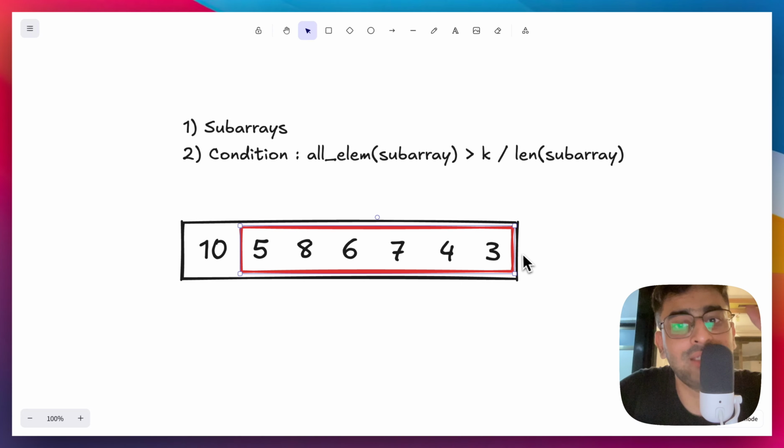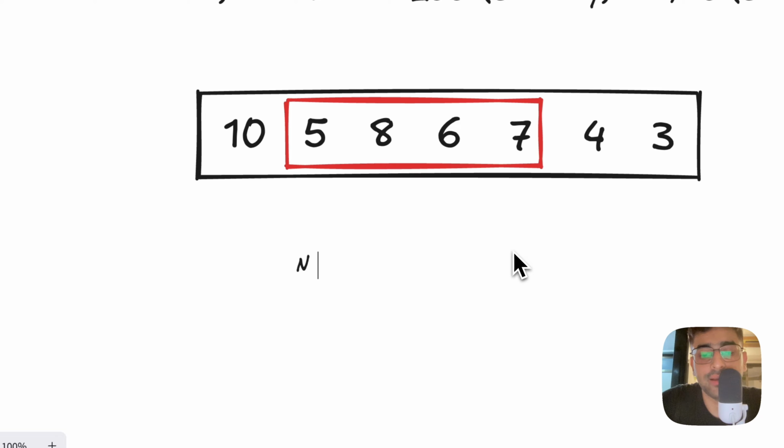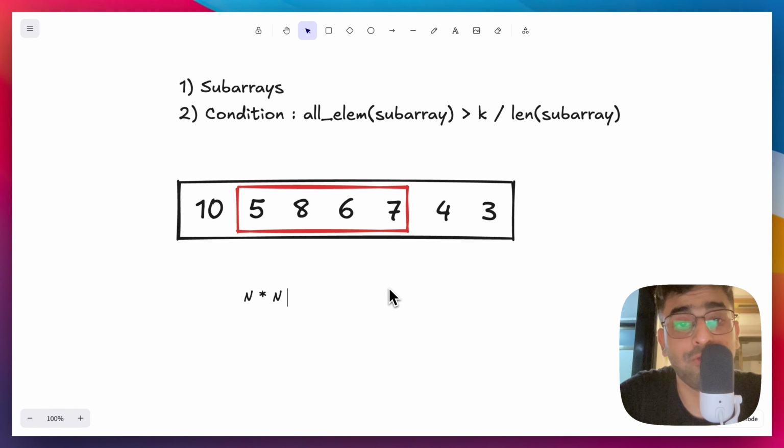And within each subarray, for example, let's say this is one of the subarrays. If I want to verify whether this is a valid subarray or not, I have to iterate through this subarray and check whether each element is greater than k upon length of subarray. Okay. So the time complexity for this approach would be n square for going through each and every subarray and big O of n to verify whether that subarray is valid or not.